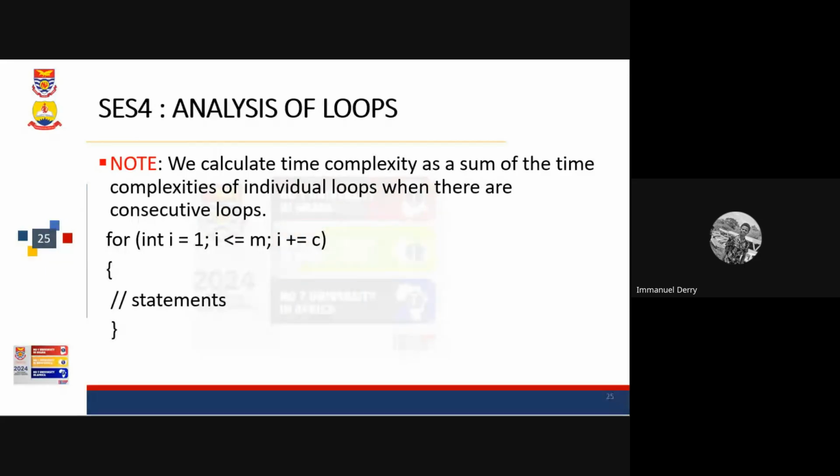So who can help us understand this? Anybody who can help us understand this particular loop over here? What will be the time complexity for this particular loop? So I think this one will be a quadratic.